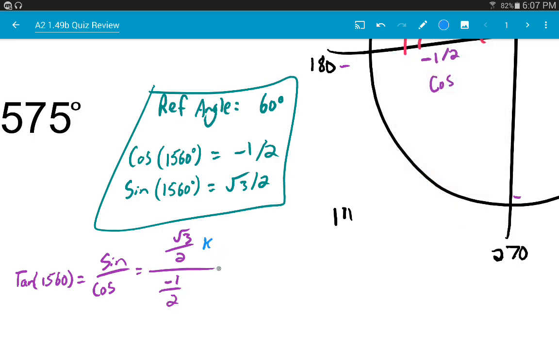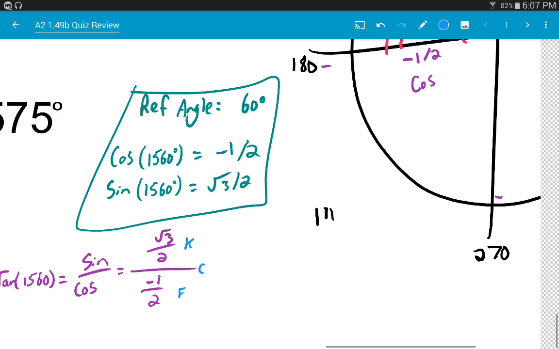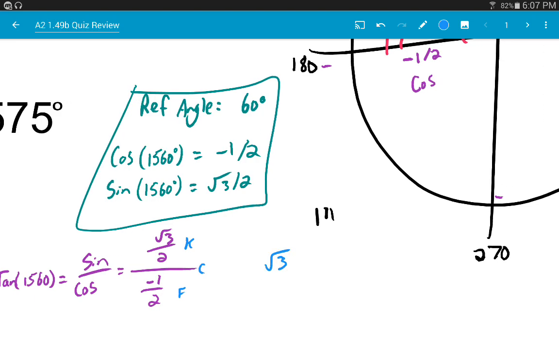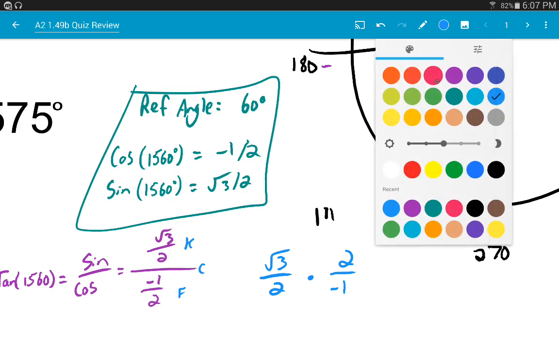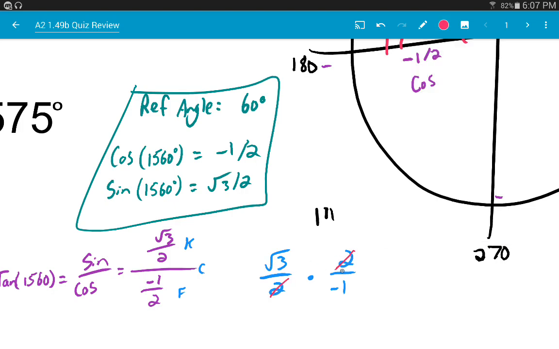We need to keep, change, and flip so we can simplify this. So I keep the radical 3 over 2, change it to multiplication, and flip the denominator. So I get 2 over negative 1. Now what happens? 2's cross out. Radical 3 over negative 1 is the same as just saying negative radical 3. And that's what tangent is.